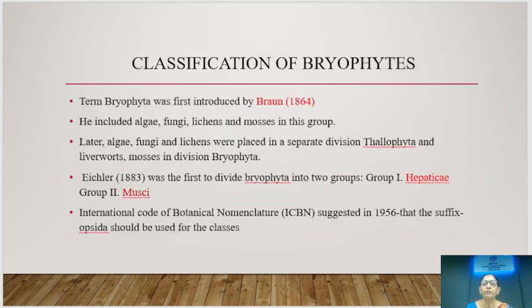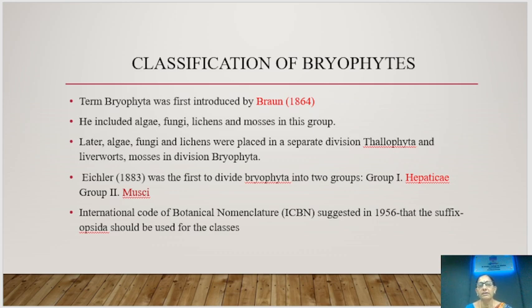The term Bryophyta was introduced by Braun in 1864. Initially the classification of bryophytes included algae, fungi, lichens and mosses in Bryophyta, but later the algae, fungi and lichens were separated and put in the division Thallophyta, and the liverworts and mosses were put in the division Bryophyta.